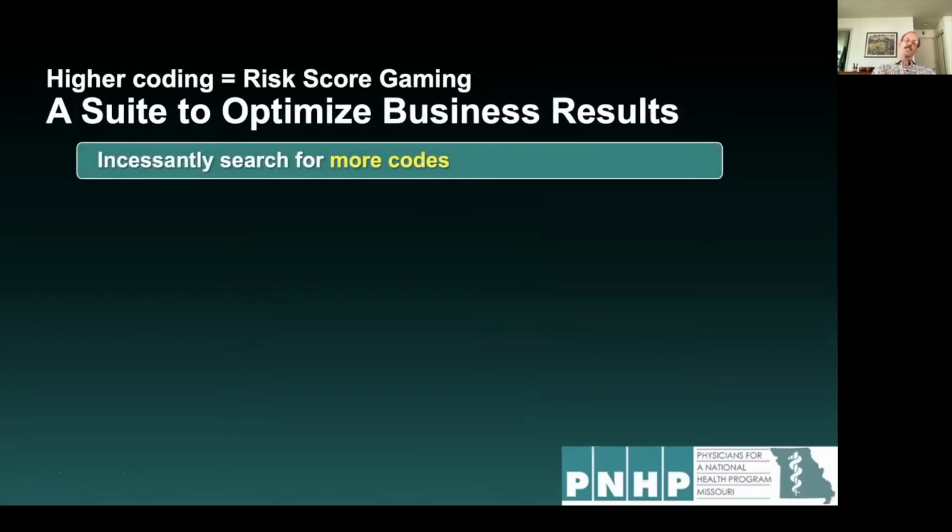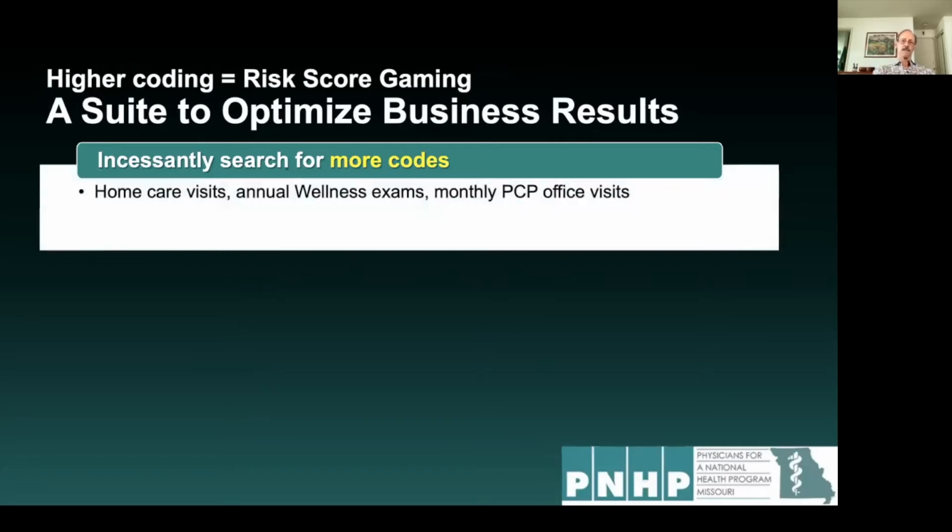The insurance companies literally send out so-called case managers to either hospitals or doctors' offices or patient homes looking for more diagnoses. They comb through the charts to see if they can find more diagnoses to code. They ask the patient questions, and anything that might suggest another diagnosis, they add it to their codes. Home care visits, wellness exams, monthly PCP office visits.